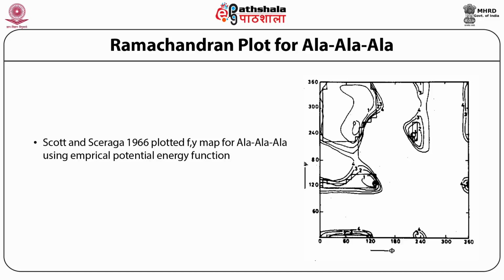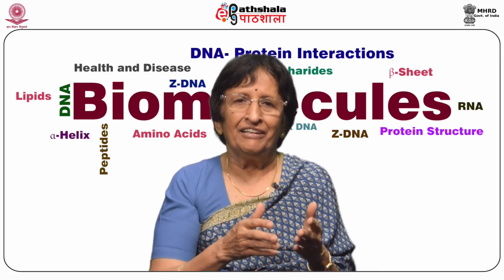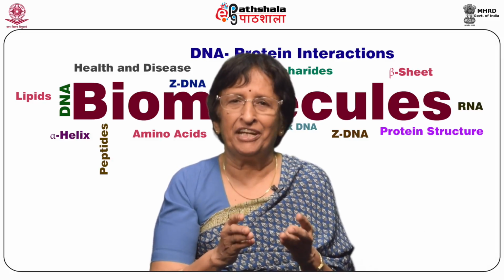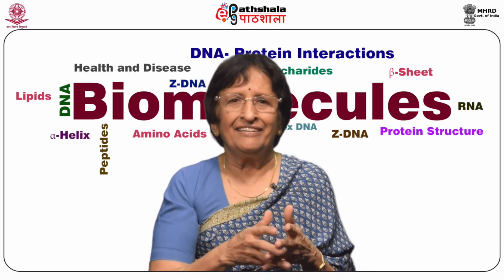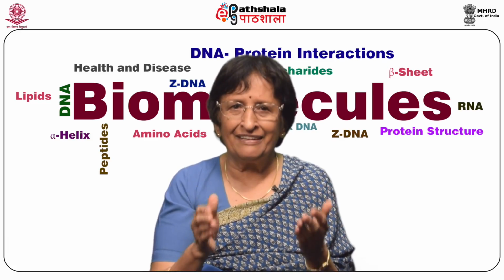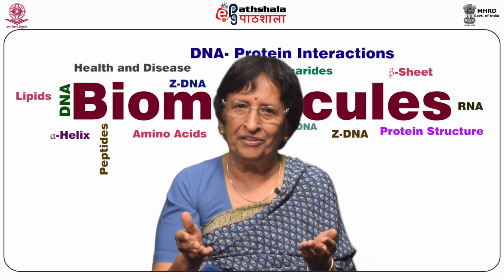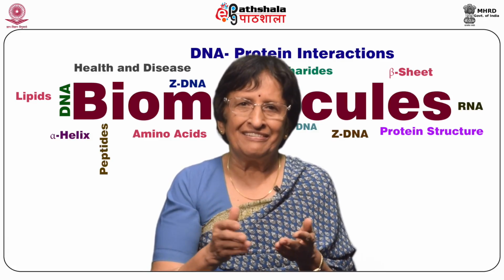But the great thing was the general features of this plot were quite similar to the original Ramachandran plot, which was plotted using contact criteria only. The most important thing which came out of this is that even with all the improvement of those potentials, the general features of the Ramachandran plot remain unchanged.